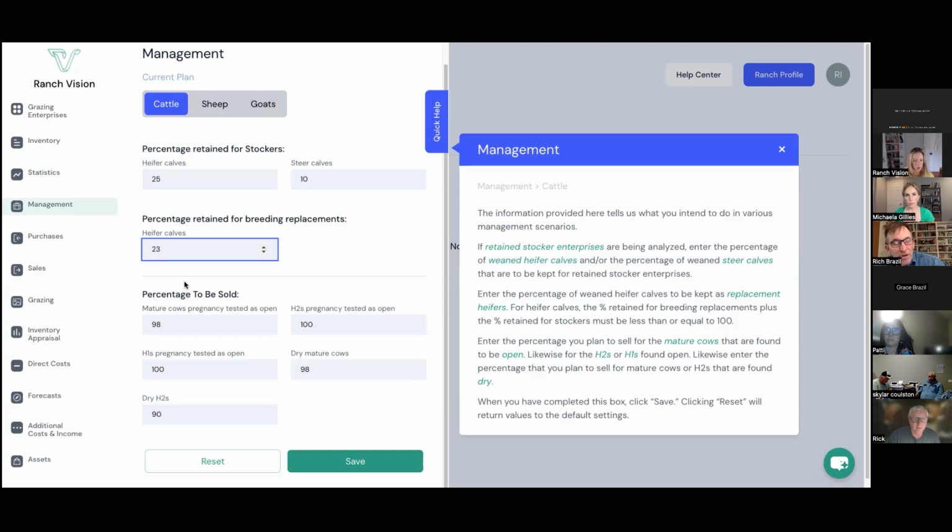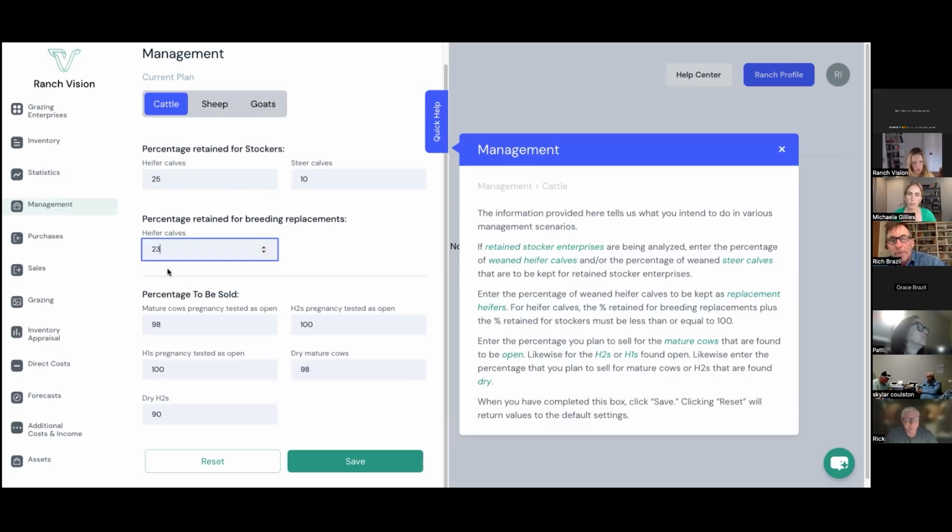Basically, you're saving a bunch and you don't know which ones you're going to keep to feed out and which ones you're going to breed. Well, but you know about how many. You just don't know specifically which ones. You can just put that in here. If you're keeping half of your heifers and you're going to keep half of those for breeding replacements and half of those for stockers and make your decision later, you would just put 25%, 25%.